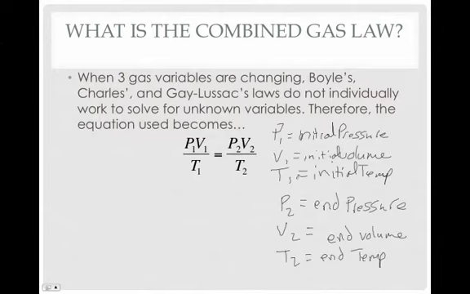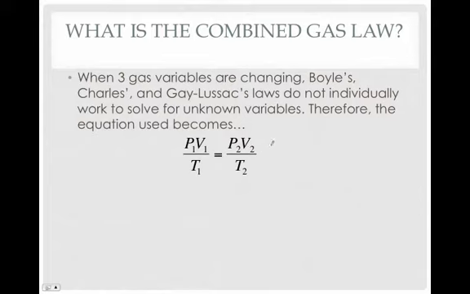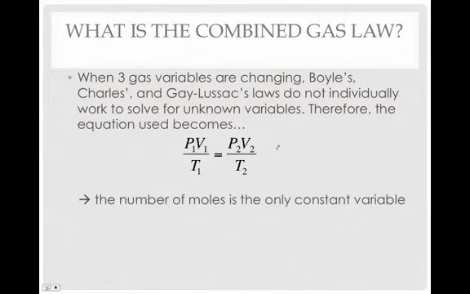And just like before, the temperatures must be in Kelvin. And the number of moles is the only constant variable. So when the only thing that's not changing is our moles is when we use the combined gas law.